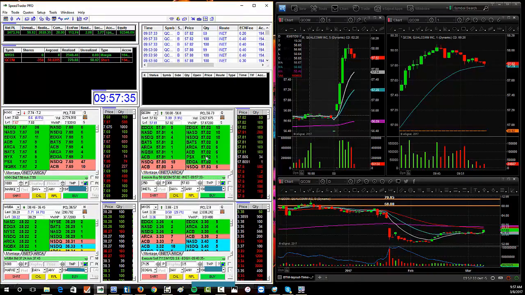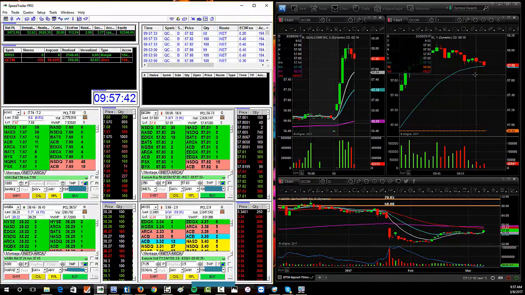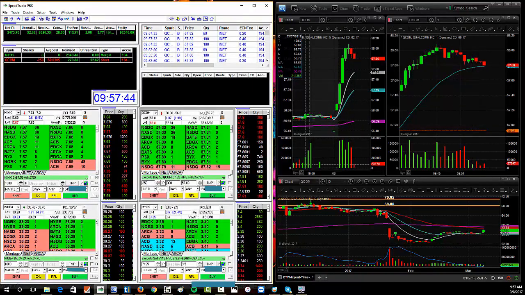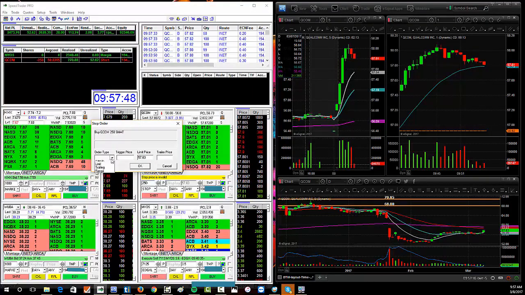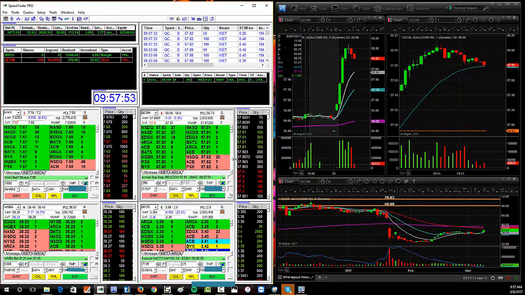Covered another 250 shares at 81 or 82. And I'll just keep adjusting my stop. New stop will be 91 on the rest. So stop at 57.91.